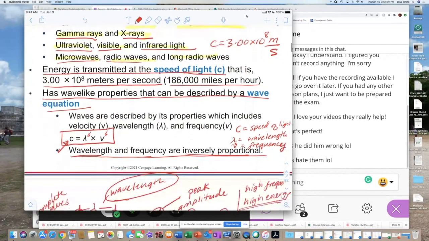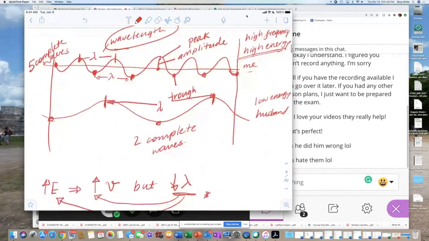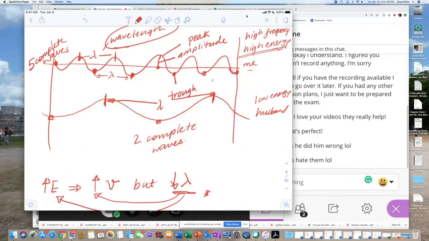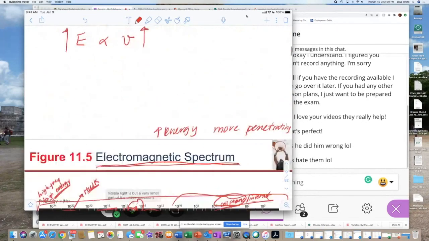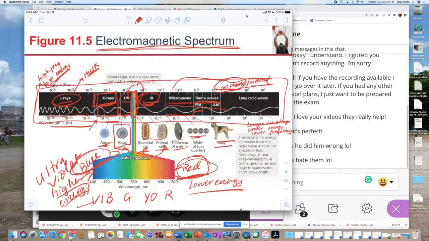So we go through all the details, watch the video, make sure you know the difference between the kinds of waves. We talk about the electromagnetic spectrum and the different kinds of light waves we have, the different colors of light, the different waves we see in the electromagnetic spectrum.